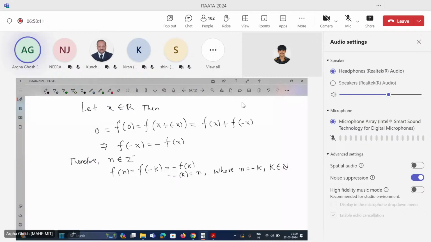Because k is a positive integer, f of k is k, and then minus k is equal to n. Done. So if we have a negative integer, it's fine.